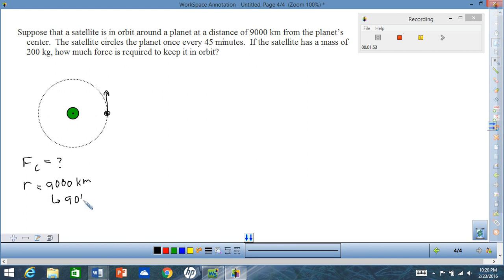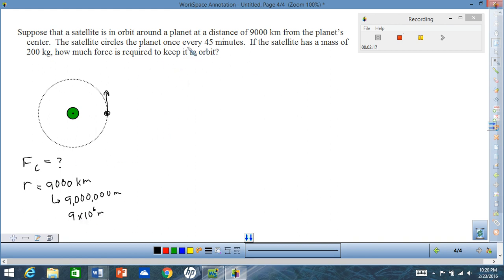And so that's going to be 9,000, and then put 3 more zeros on there for meters. And so then that's actually 9 million. Or I'm probably going to express that as 9 times 10 to the 1, 2, 3, 4, 5, 6. 9 times 10 to the 6th meters. Just takes up a little less space. All right, so there's our radius. What else do we know?